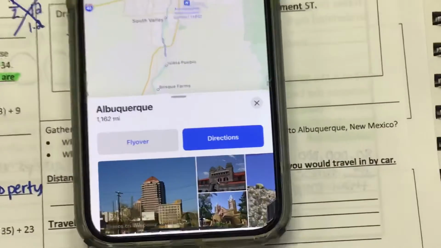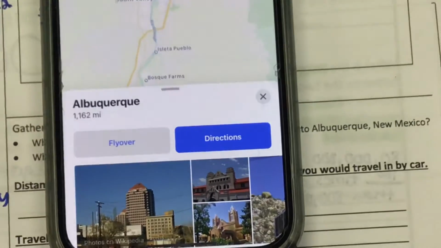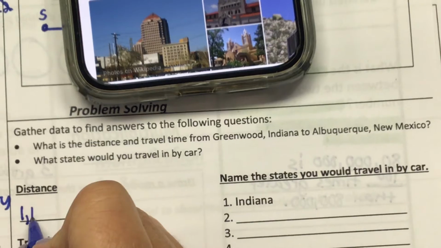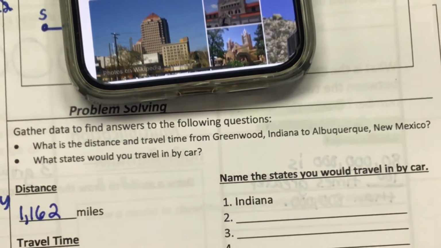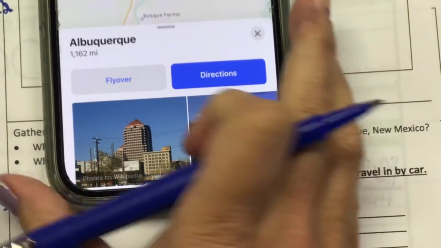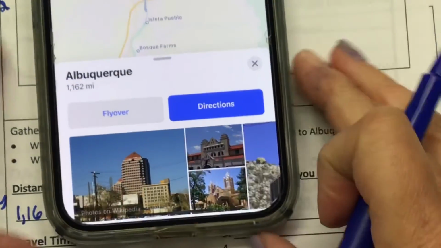What is the distance? Look at that. Okay. So it's 1,162 miles. Okay. How long is it going to take?